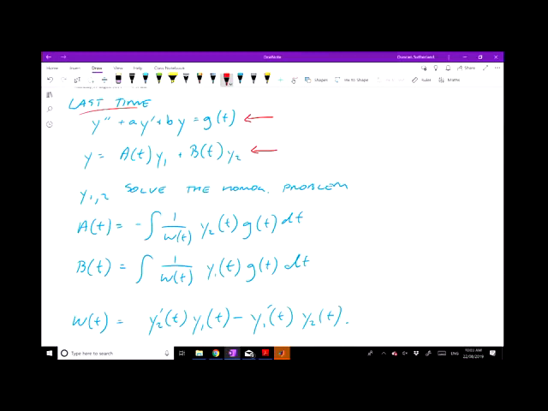What I would point out, to help you remember and not make transcriptional or silly errors, is that A is associated with y1, and A uses y2 in the integral. That's a bit of a memory trick to help you work out what you're supposed to be doing. And B is the opposite.